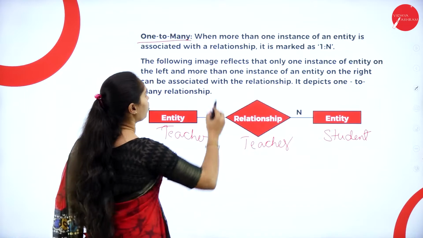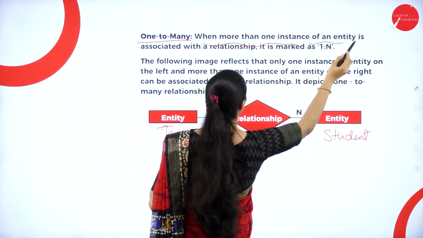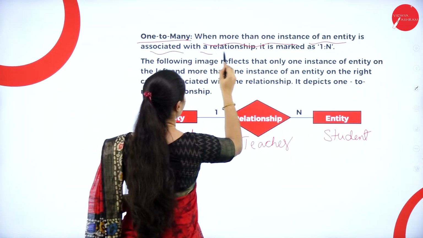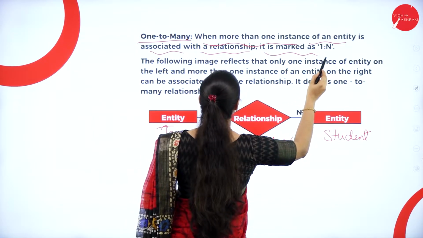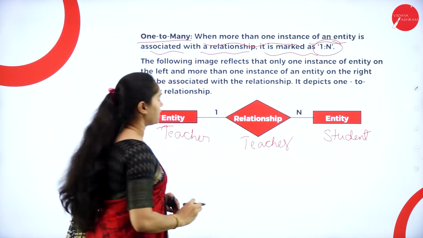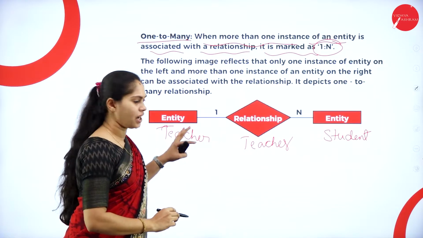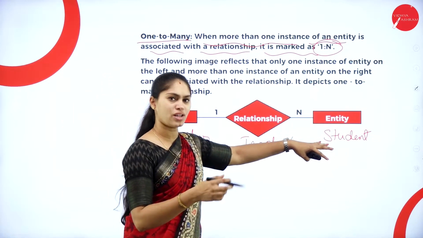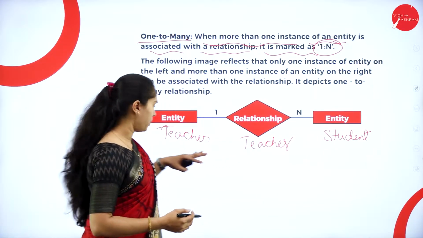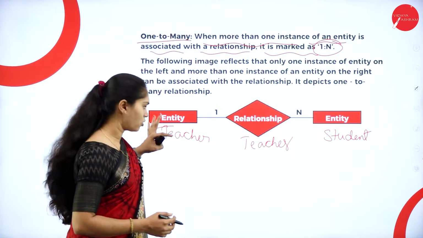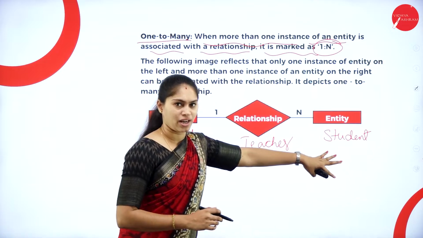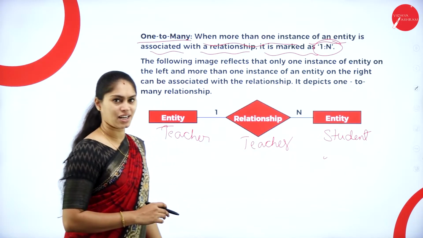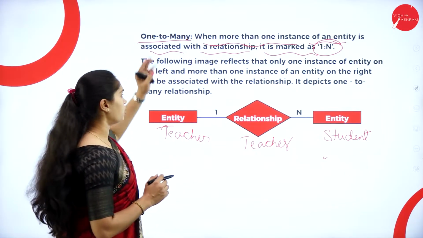Here, when more than one instance of an entity is associated with a relationship, it is marked as 1 to n. If you consider the student as an entity, the number of students will be more, but the teacher will be only one. A single teacher is going to teach many students. That kind of cardinality ratio is considered 1 to many.